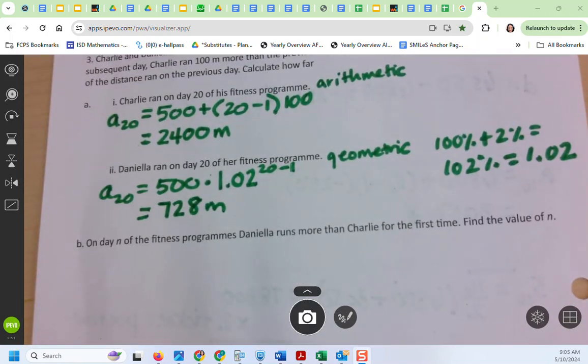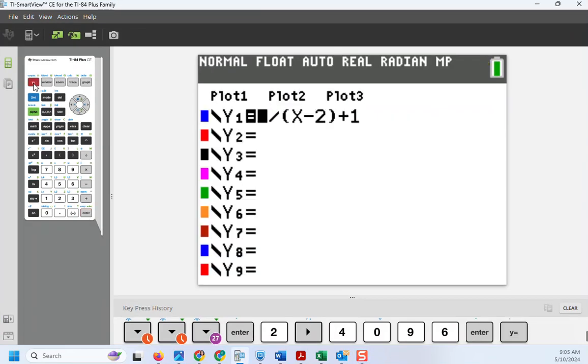On day N of the fitness program, Daniela runs more than Charlie for the first time. Find the value of N. All right, this problem may be a little bit advanced for us, but what we're going to do is solve it graphically. So we're going to put their equations in the calculator. Go to your calculator, press your y equals and clear out what's in there.